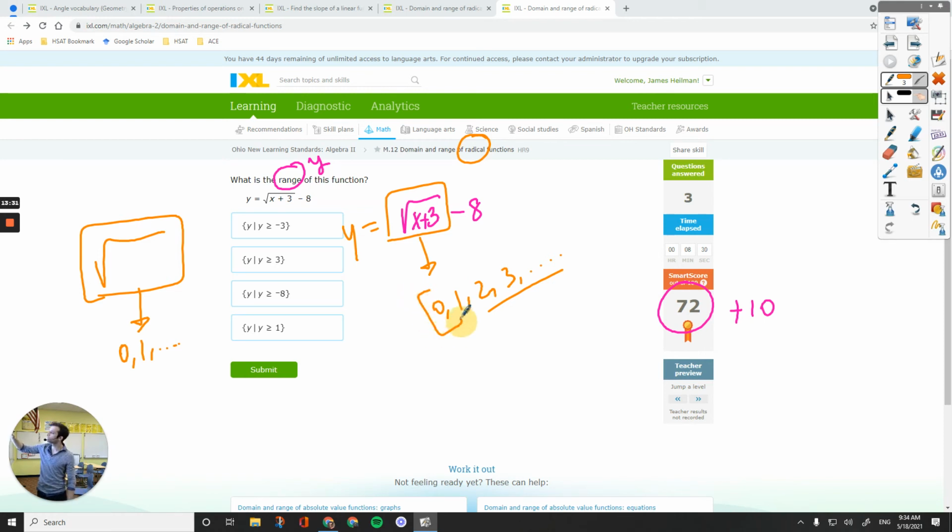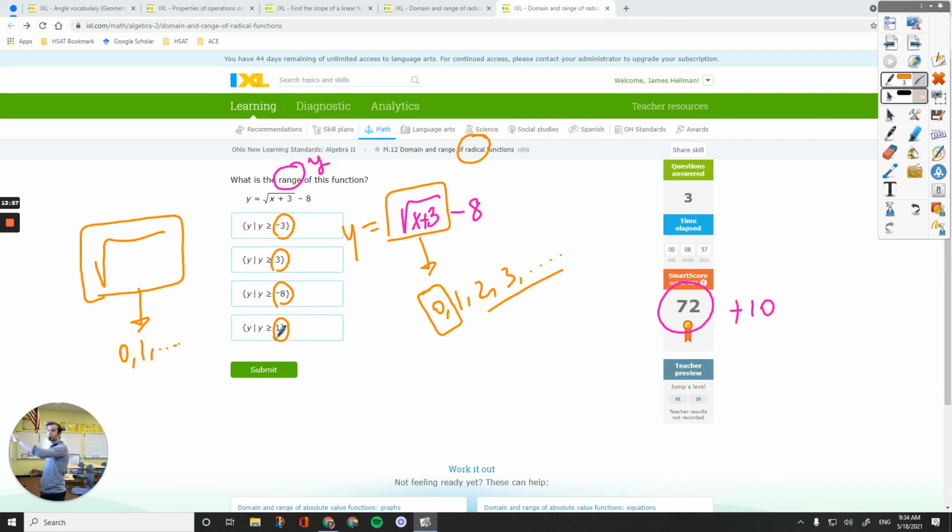It doesn't go any further than this. That's the smallest. So if that's the smallest that it can get, again, we are focusing on the boundaries only. We don't care if 4 is a value that I can plug in. I'm just concerned about the boundary because all of these are supposed to be the boundaries, but only one of them is right. So let's figure that boundary out.